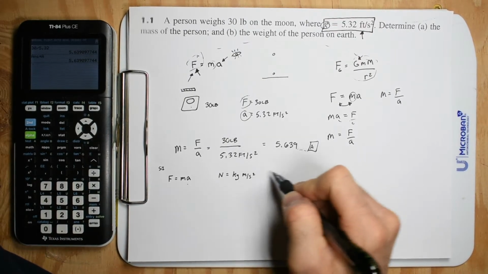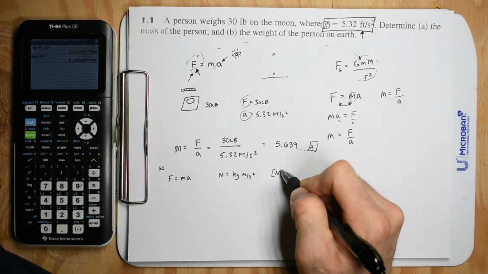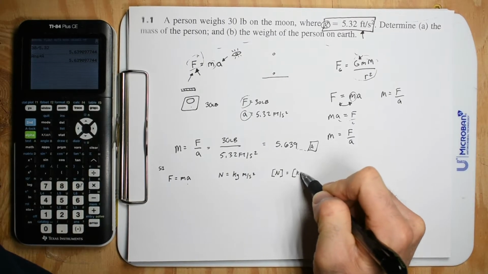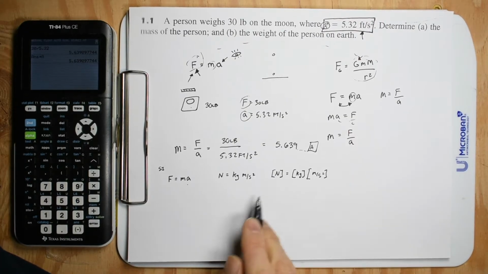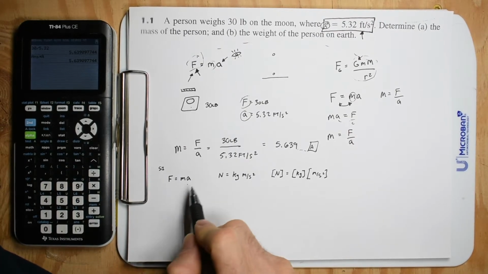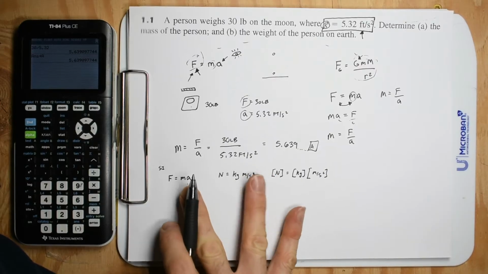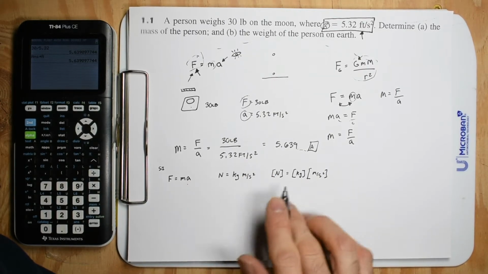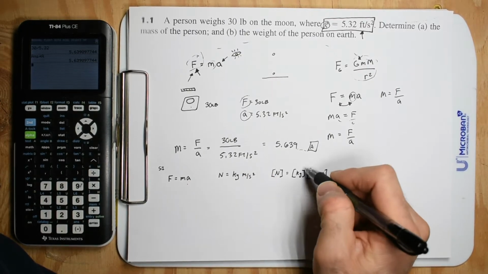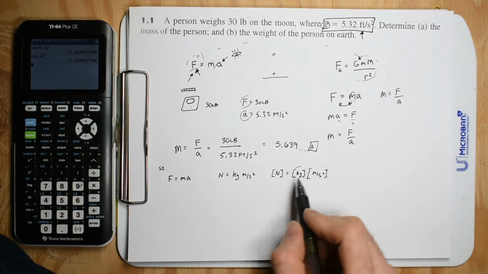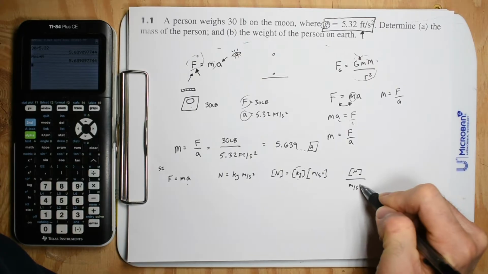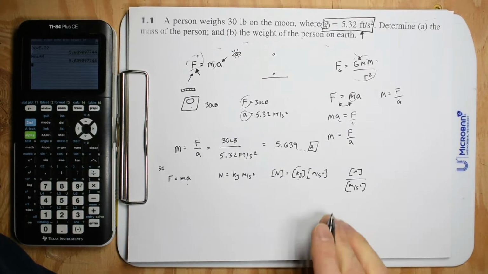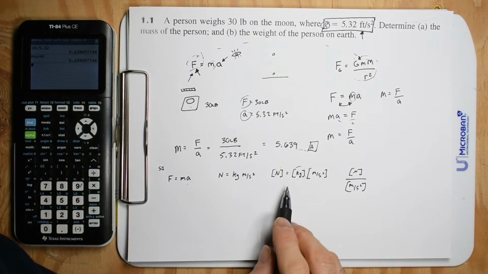Sometimes I write it like this: units, kilograms, and then meters per second squared. Because the units are the equation. That's kind of the take-home point for this first video. And so if I want to know kilograms, I just take newtons and divide by meters per second squared. Okay, so these are the SI units.